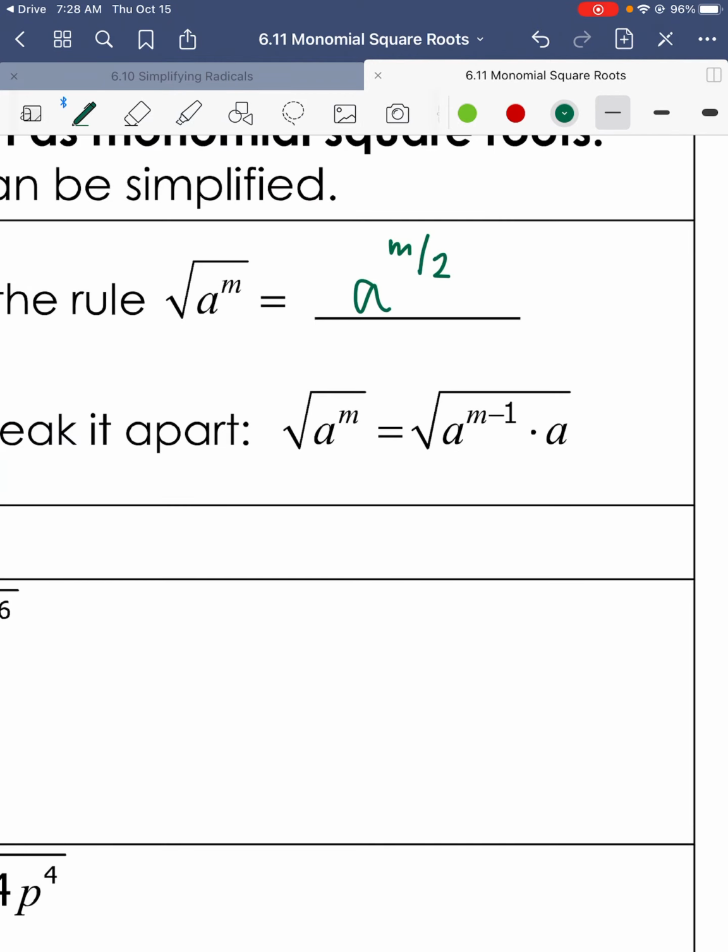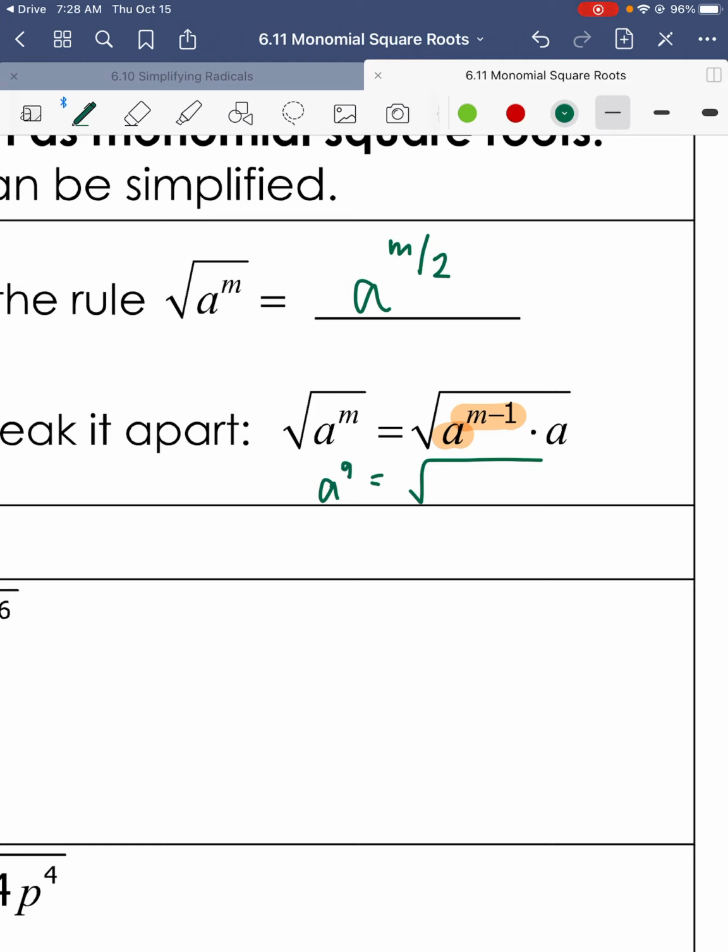If it's odd, then we need to break it apart like this, where we have m minus 1 here. For example, if we had a to the 8th, I'm sorry, we're looking at odd. Let's do a to the 9th.